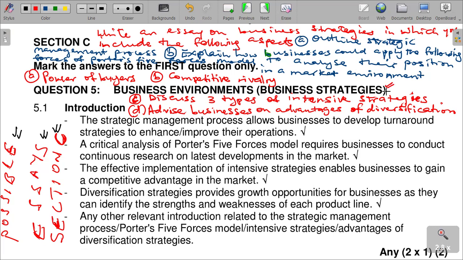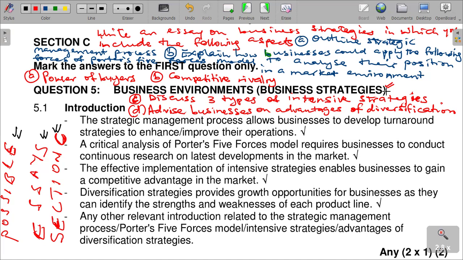What happens there is that a contextual background is given. For instance, successful businesses implement the strategic management process to improve internal operations. Porter's five forces model enables businesses to analyze their position in the market.